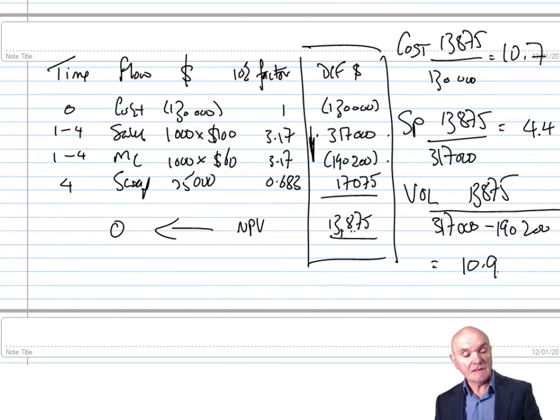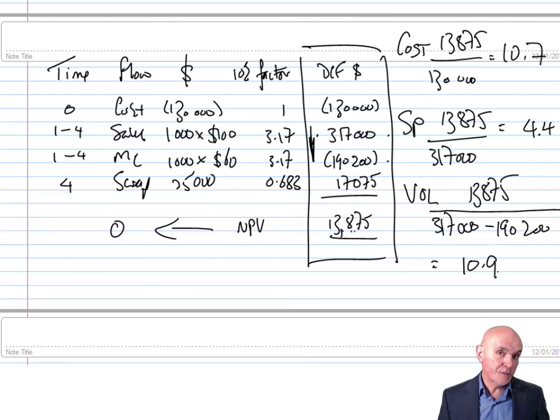Not as sensitive as selling price, because if you drop the selling price, you're purely losing revenue. But if you drop the volume, you are saving some costs as well. You're losing revenue, but you're saving some costs. So you would expect the sensitivity to the sales volume to be a little bit less.